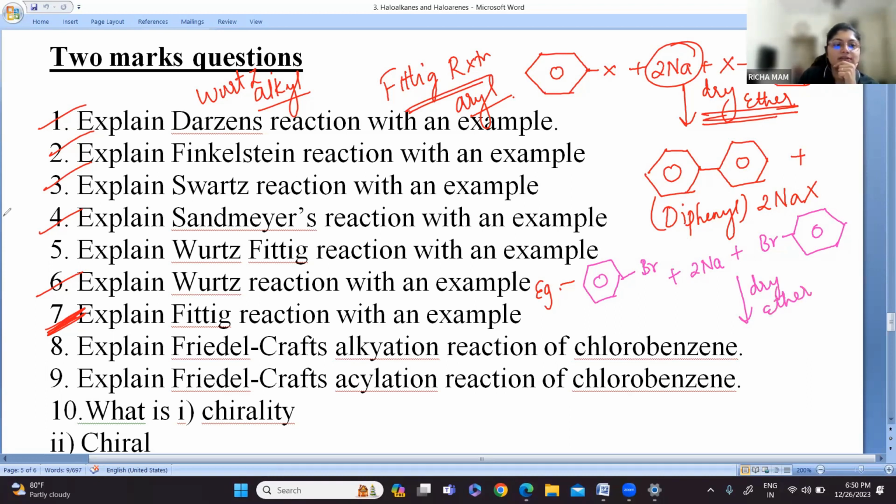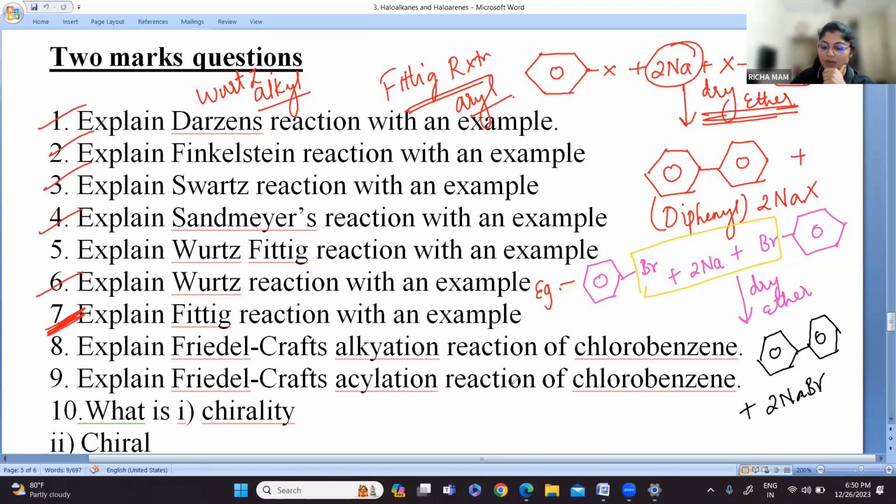What will be the answer? It will be diphenyl plus 2NaBr. Right? So this is our Fittig reaction.